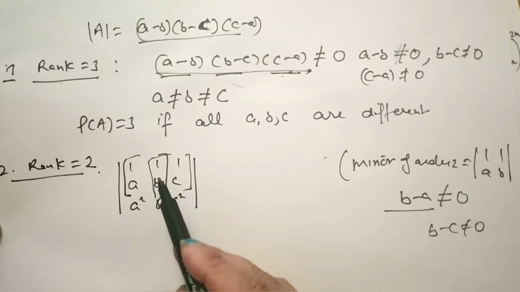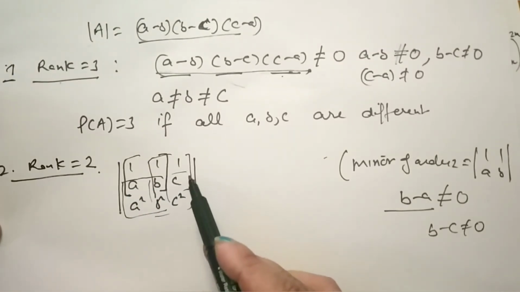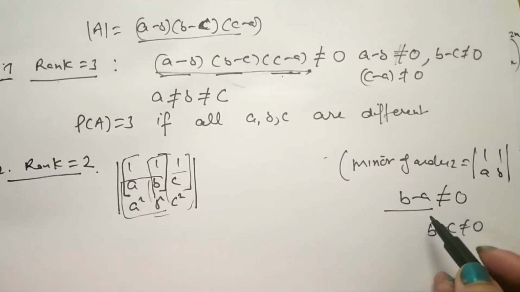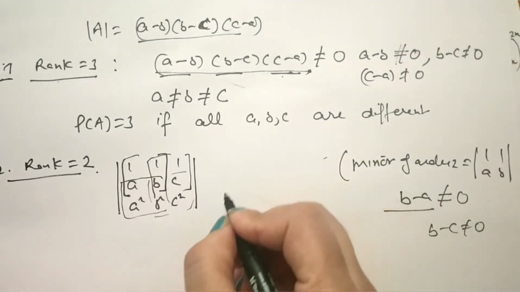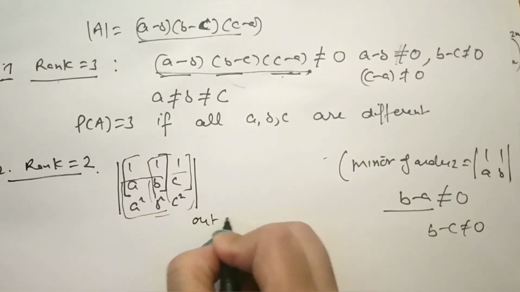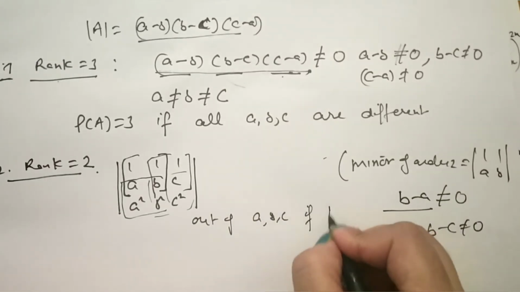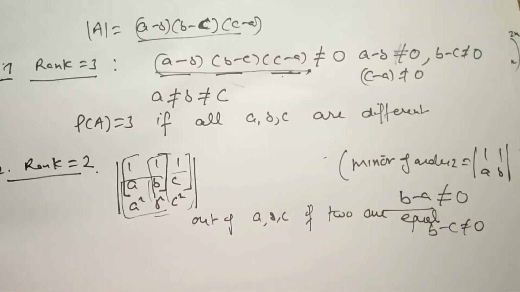In each minor of order 2, you'll get that 2 of the elements should not be equal. That means out of A, B, C, if 2 are equal, not all the 3 should be equal.